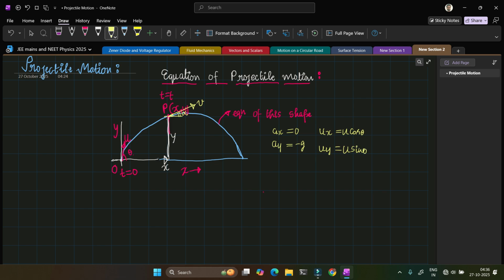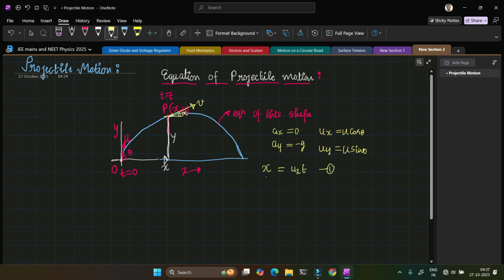And if we want to calculate how much x distance was traveled in time t, there will be a relation between x and ux into time t. We know there is no acceleration in the x direction. That's why the horizontal distance traveled by the object will be the initial velocity in the x direction times t.